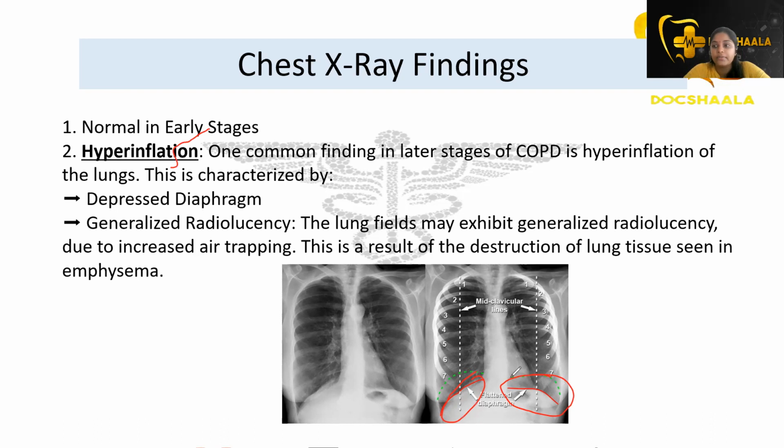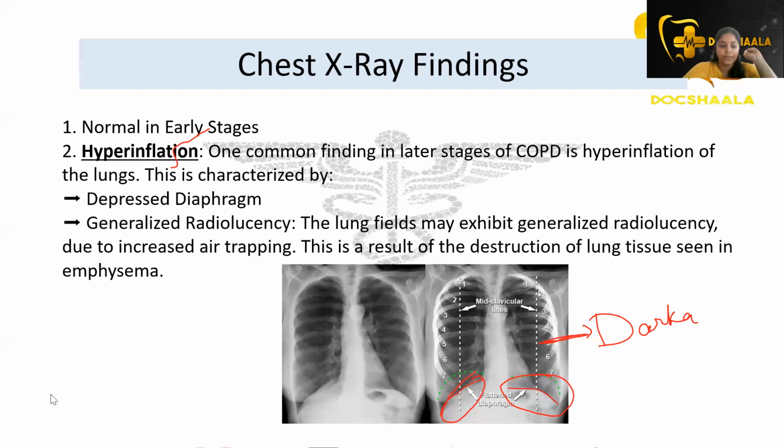The lung fields exhibit generalized radiolucency due to increased trapping of air in the alveoli. As a result, there is destruction in the lung tissue as seen in emphysema, and hence the radiolucency is increased. The lungs appear darker. Okay, the lungs appear darker in this case.